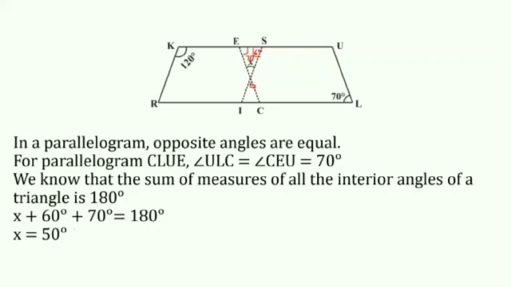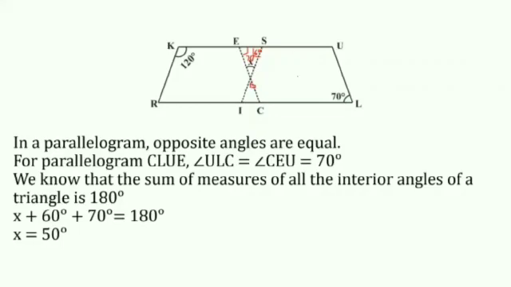Let me explain you again. For this first parallelogram RISK, we have used the property that the adjacent angles of a parallelogram are supplementary. Using that, we have first calculated the value of this angle S, which we are getting 60 degree.